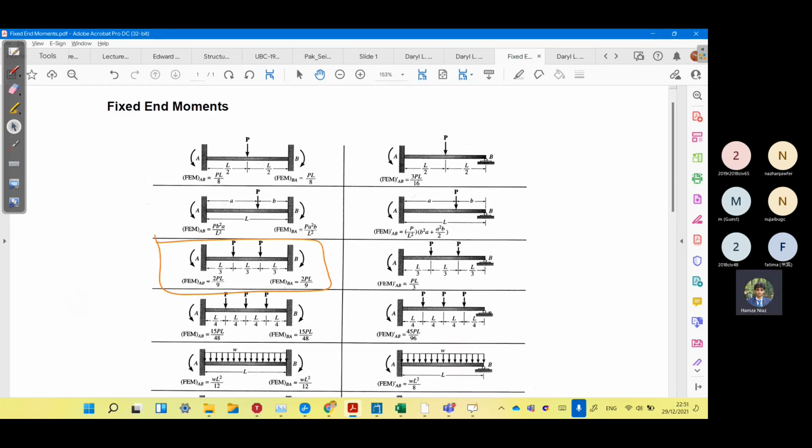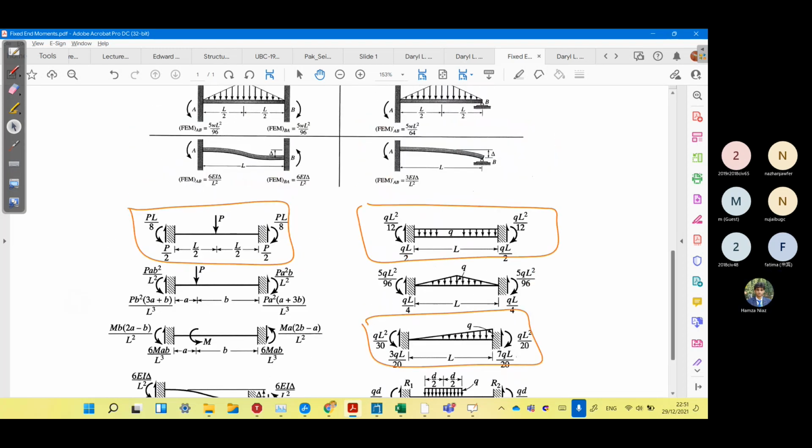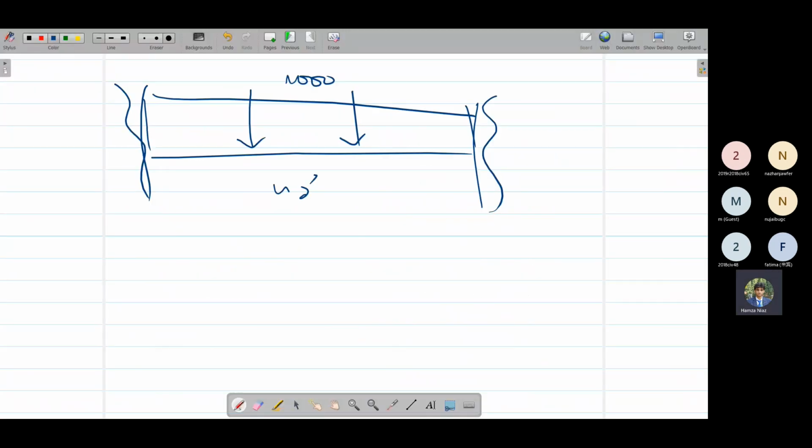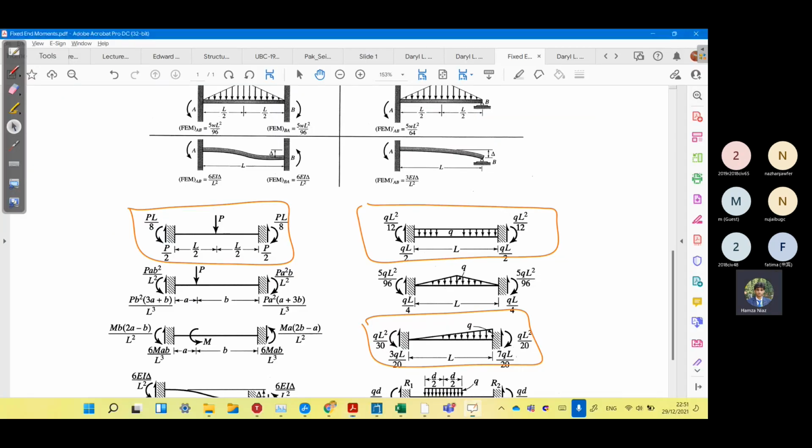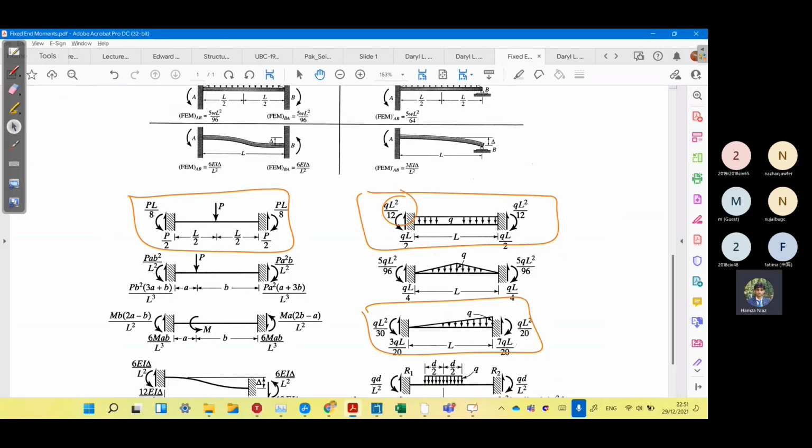We have to memorize these 4 values. For simple UDL it is quite easy. This is wL by 2, this is wL by 2, this is wL square over 12, this is wL square over 12. These are the fixed-end reactions and moments: wL square by 12, wL by 2.